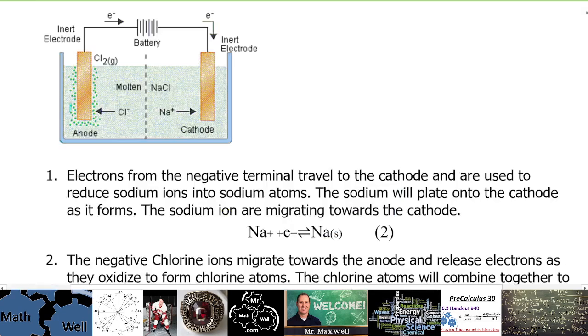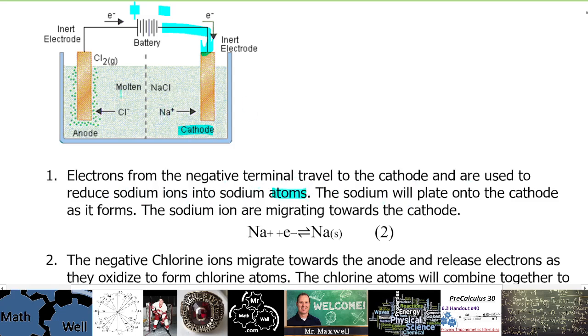All right, so what's happening here in this diagram? Electrons from the negative terminal of the battery travel to the cathode. So here's the cathode, electrons are going this way. Here's the negative side, here's the positive side of the battery. They're used to reduce the sodium ions in the solution to sodium atoms.